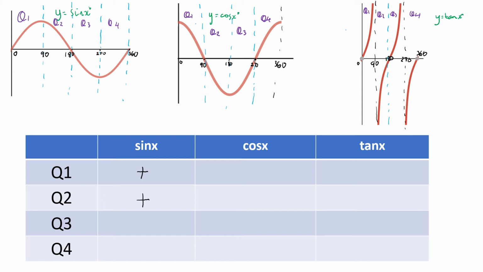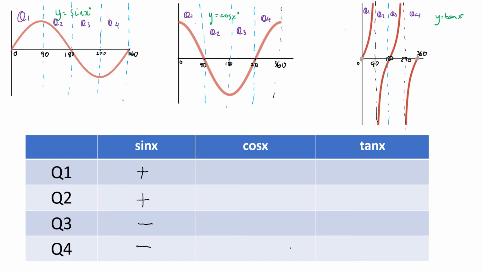In quadrant 3, if I picked a value in between 180 and 270, maybe 200, and typed sine of 200 into your calculator, you're going to get a negative number because it's below the x-axis. And lastly, in quadrant 4, if I typed in sine of 300, I'm hoping you'll see that we're going to be expecting a negative answer.